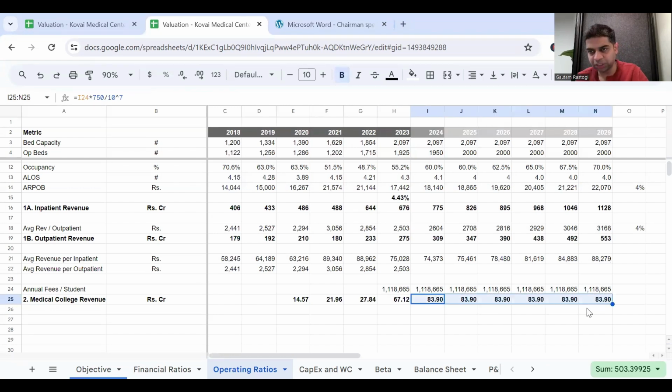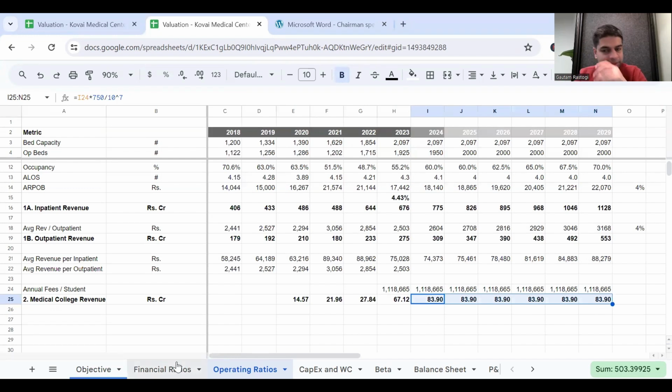But again, that is subject to approvals. So I'm not going to assume an increase in intake because there has been no explicit guidance. I think that's the word of the day. Lack of explicit guidance.